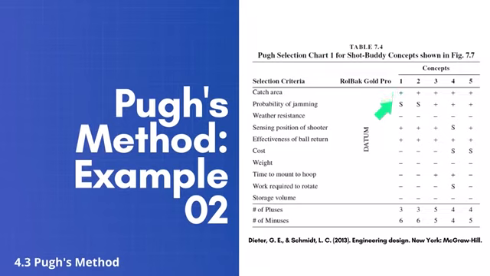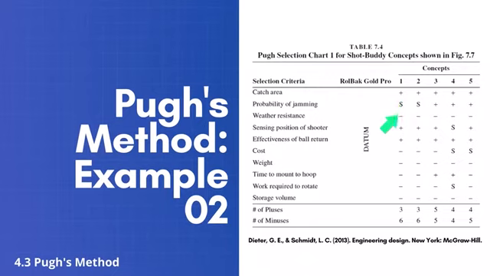So here for this Pugh table, the evaluation uses positive, negative and S. The positive here means that concept 1, when compared on criteria catch area to the datum product, which is Rollback Gold Pro, is better. So plus means that concept 1 is better than Rollback Gold Pro. And then the S here means same.